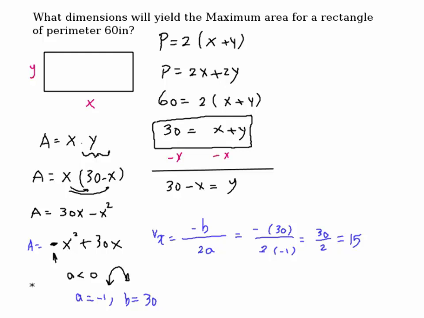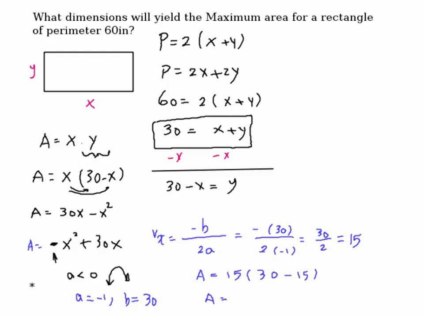So what would be the area? The maximum area would be, if I substitute 15 for x, 15 times 30 minus 15. 225, right? 225.